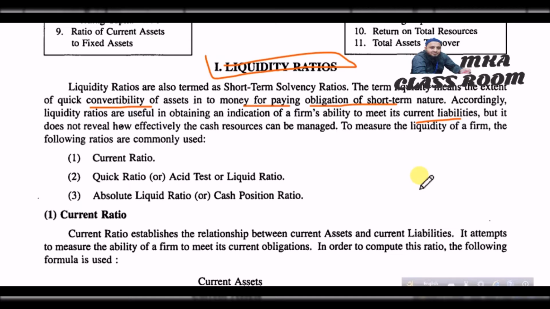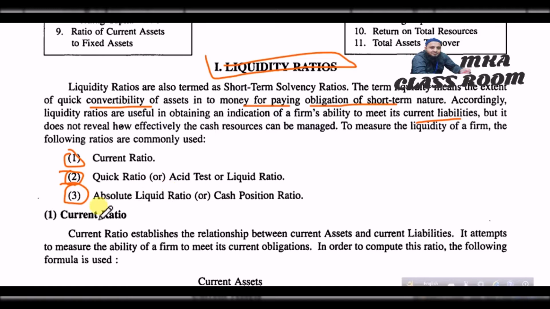To measure the liquidity of a firm, the following ratios are commonly used: current ratio, quick ratio, and absolute liquid ratio or cash position ratio. Quick ratio, another name acid test ratio. Now we will try to discuss these liquidity ratios.